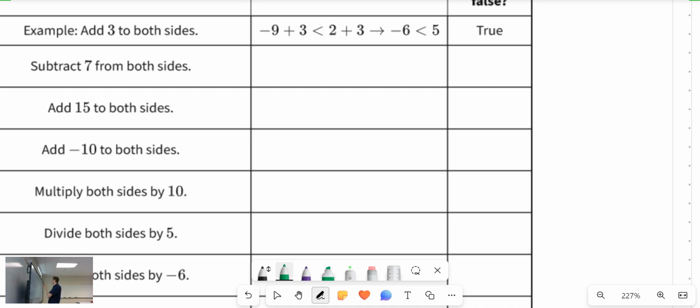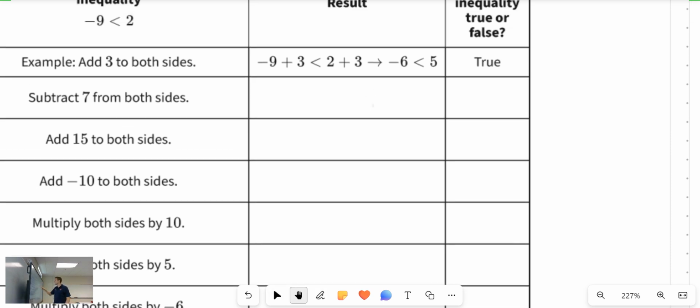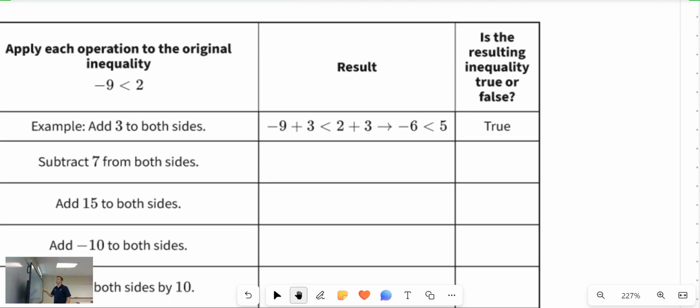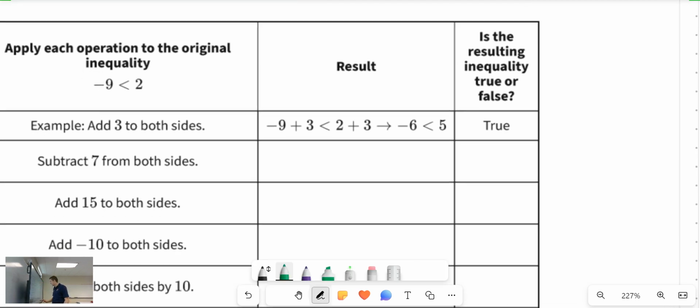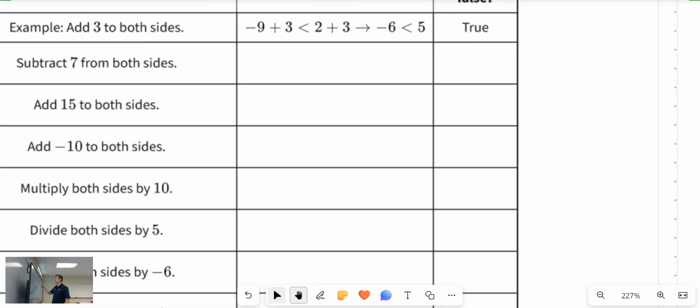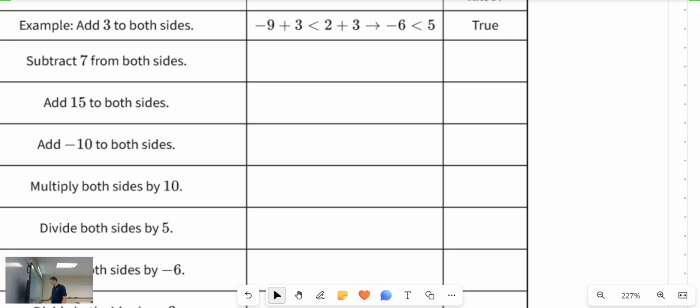So subtract 7 from both sides. Let's make sure. Are we going from -6 is less than 5, or no? We're always going back to this -9 is less than 2. We're always going to start there. Okay. So here we go.